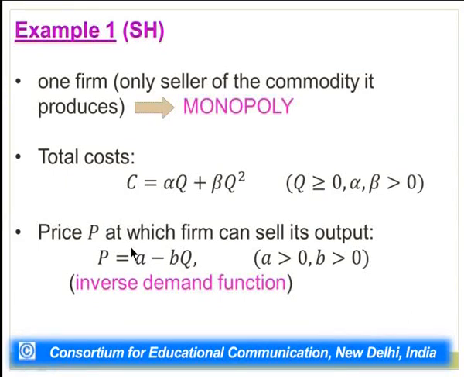Further, let's assume that the price at which the firm can sell its output is given by the inverse demand function P equal to A minus B times Q. This is known as the inverse demand function because we have price on the left hand side, which is a function of quantity.